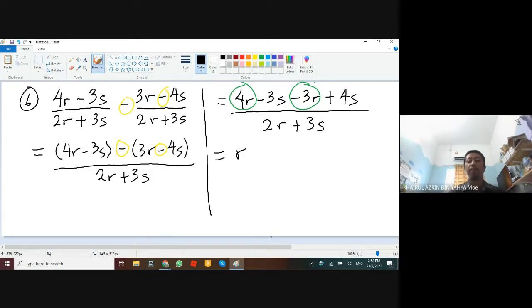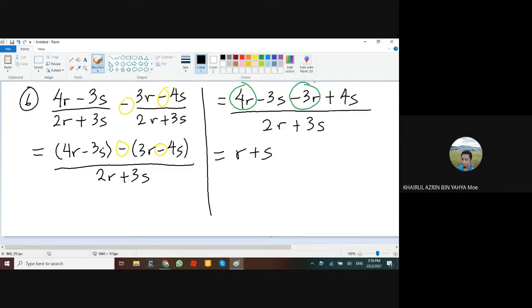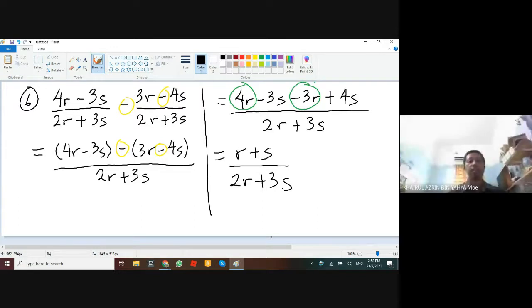And then we have negative 3s plus 4s, or 4s minus 3s. 4 minus 3 is 1s, or we just write s, and it is positive. Over 2r plus 3s. This is the answer for question 6. So far, okay.